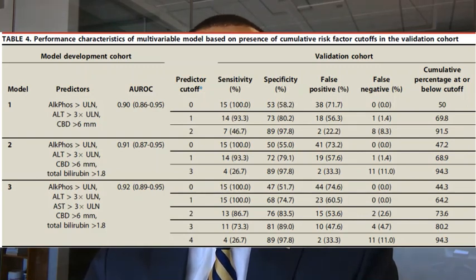The optimal model, Model 1, utilizes only 3 variables: ALT greater than 3 times the upper limit of normal, elevated alkaline phosphatase, and common bile duct diameter greater than 6 millimeters. We found this model maximized the number of high and low risk patients, allowing for quick decision on direct referral for ERCP or surgery, respectively.